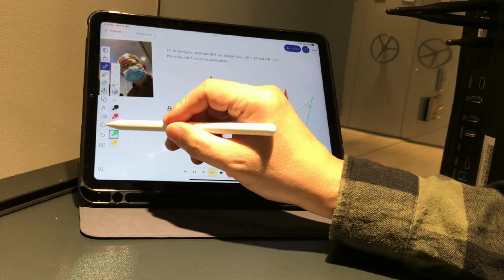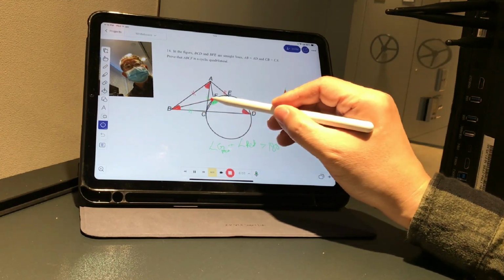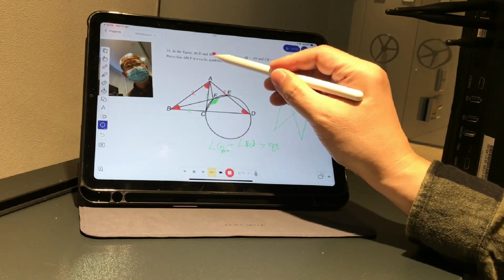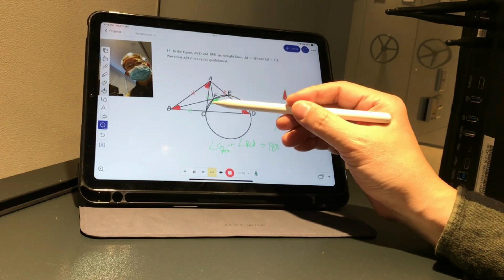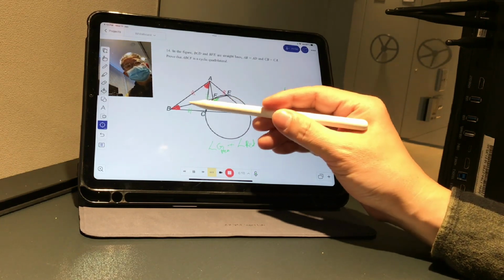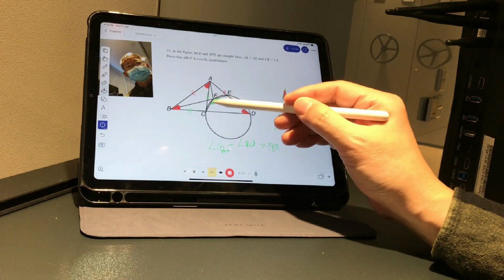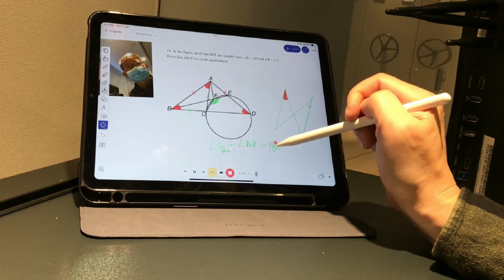Also, we know that BFE is a straight line, given here. So a straight line is 180 degrees. So obviously angle BFC and this add up to 180 degrees.